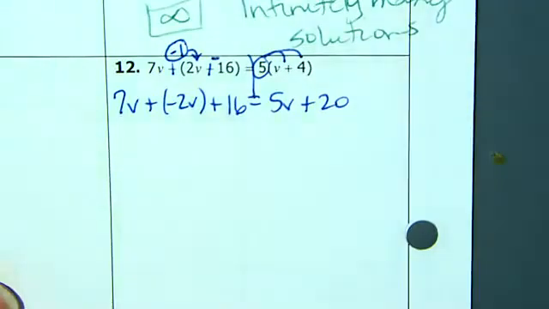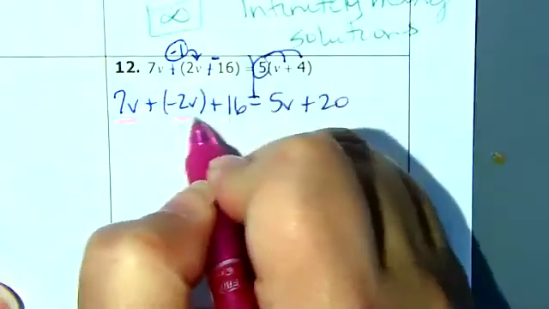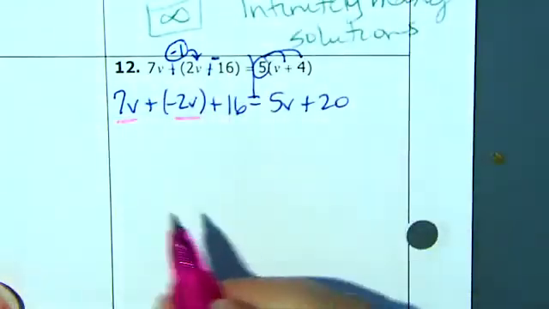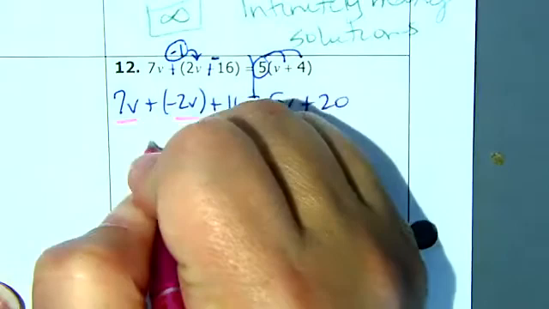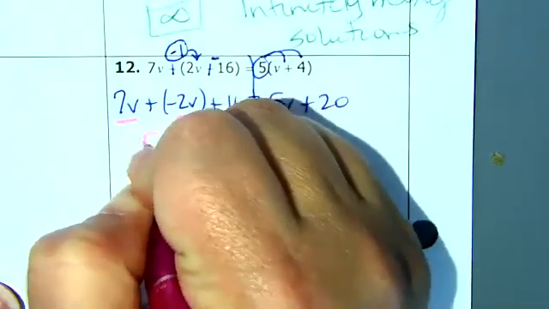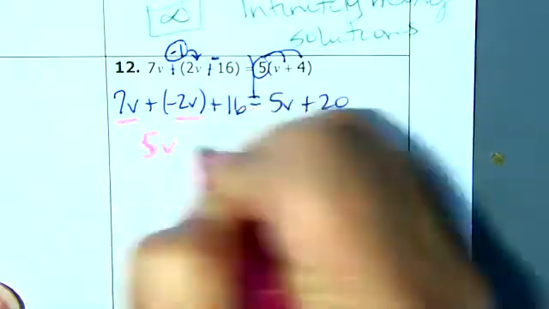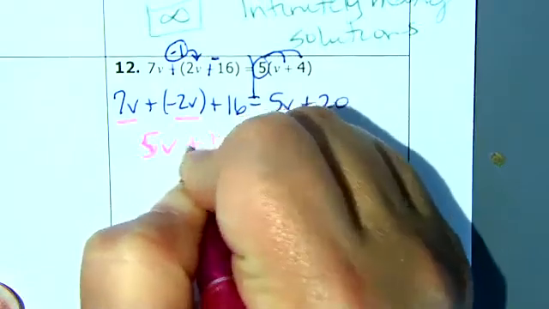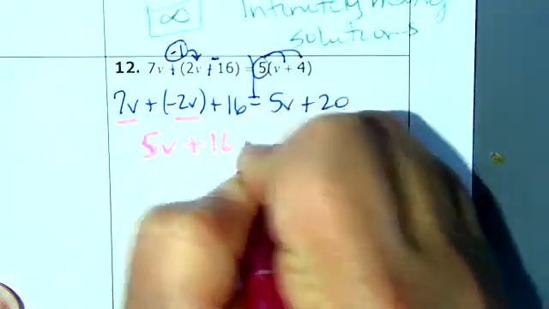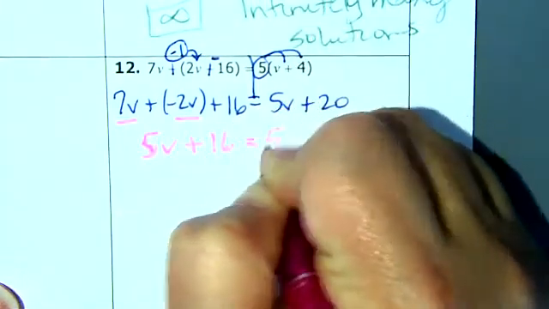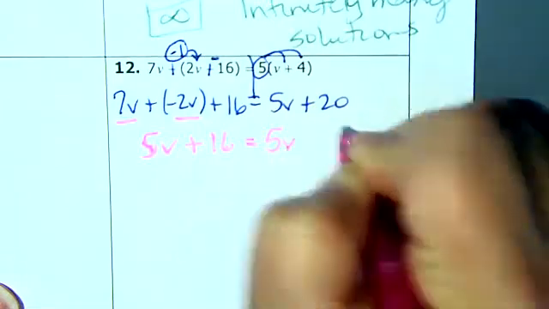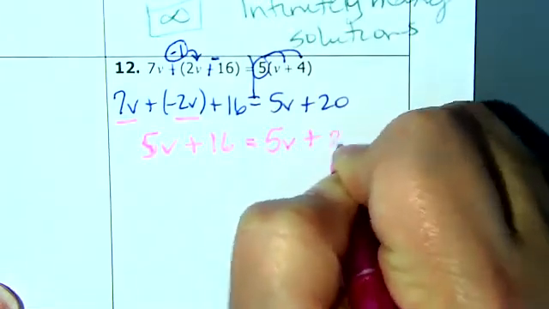And now I combine my like terms. So 7v plus negative 2v, that's going to give me 5v plus 16 equals 5v plus 20.